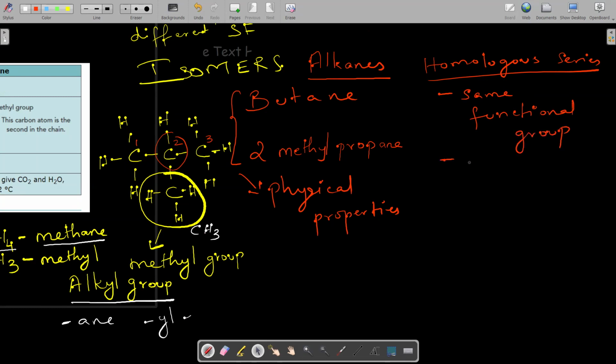They have the same general formula. Remember, when we were trying to get the molecular formula, we use the general formula, CnH2n plus 2. So the same general formula.